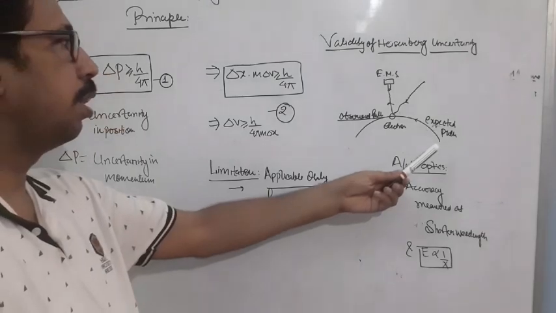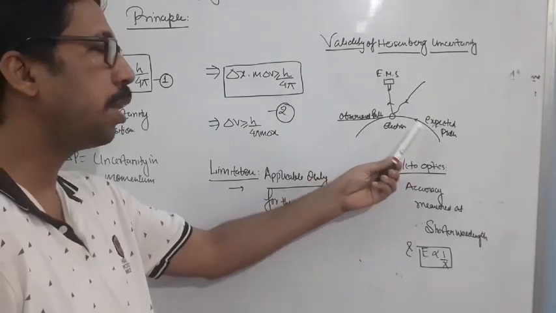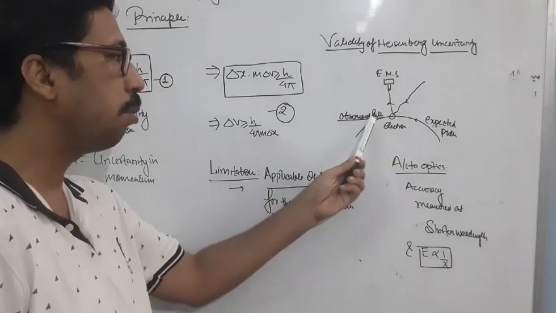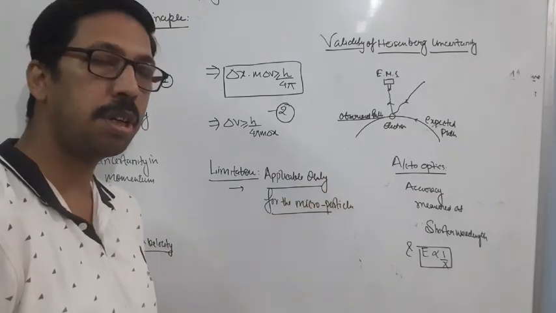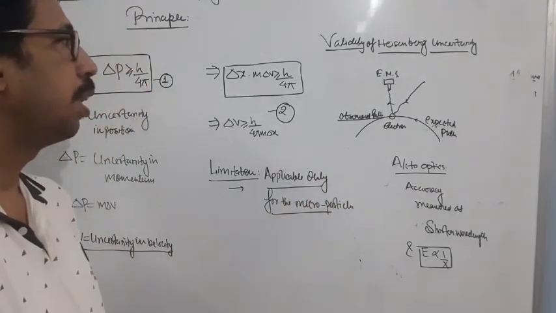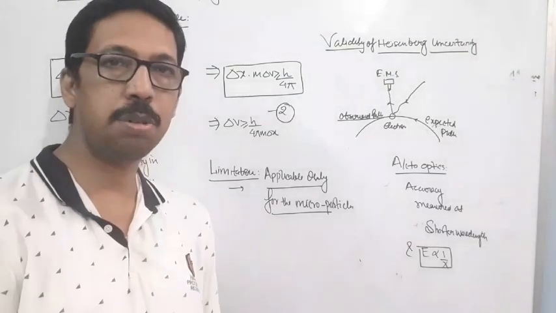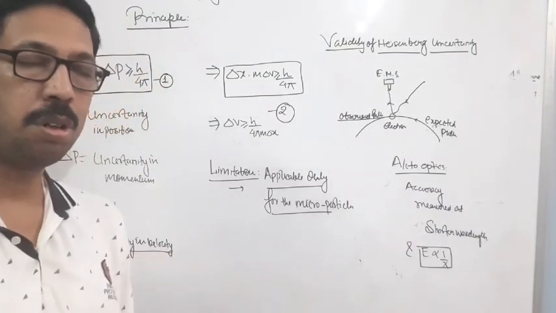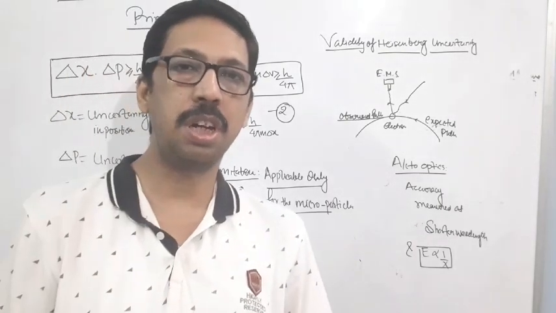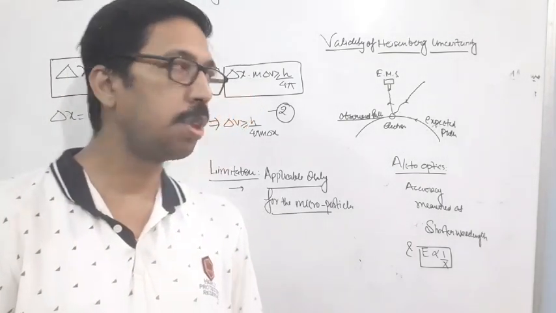Suppose this is a particular circular path in which electron is revolving around the nucleus, and now if we want to find out the exact position of electron, we have to use electron microscope.